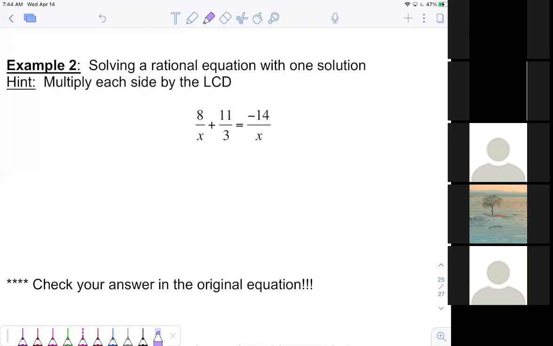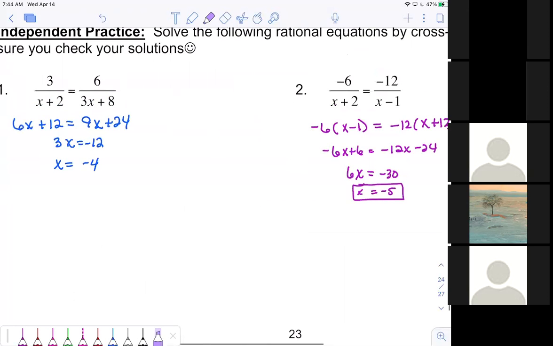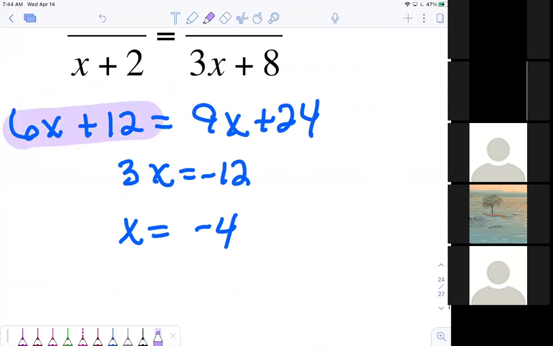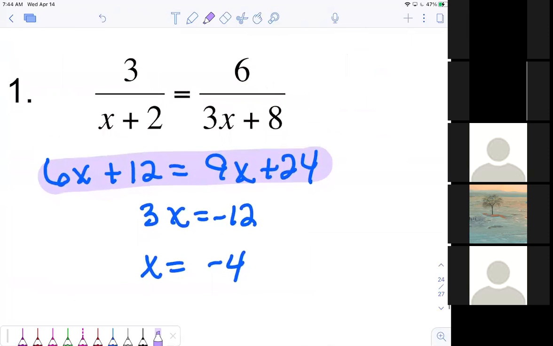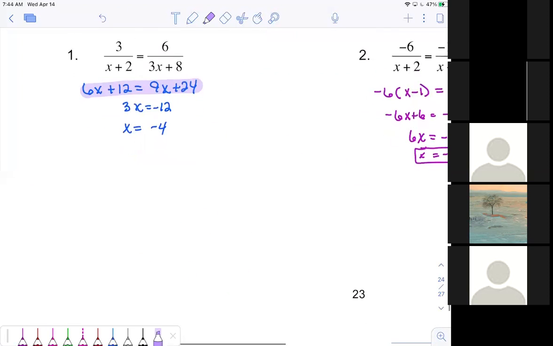I like to work through this problem to get it to look like this step right here, so that we don't have fractions remaining in the problem. And that's what cross multiplication does for us. It takes the fractions out and it makes this horizontal form of the equation, which is how we solve an equation.